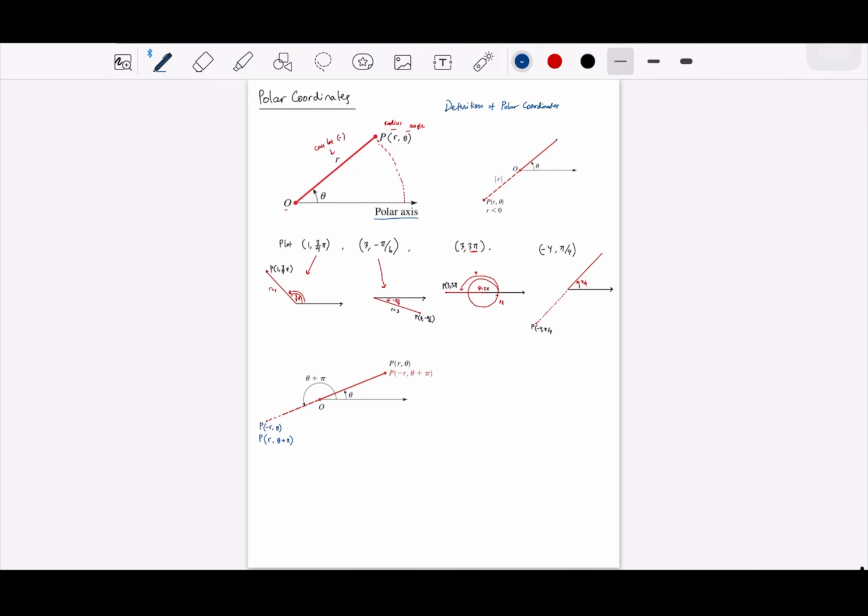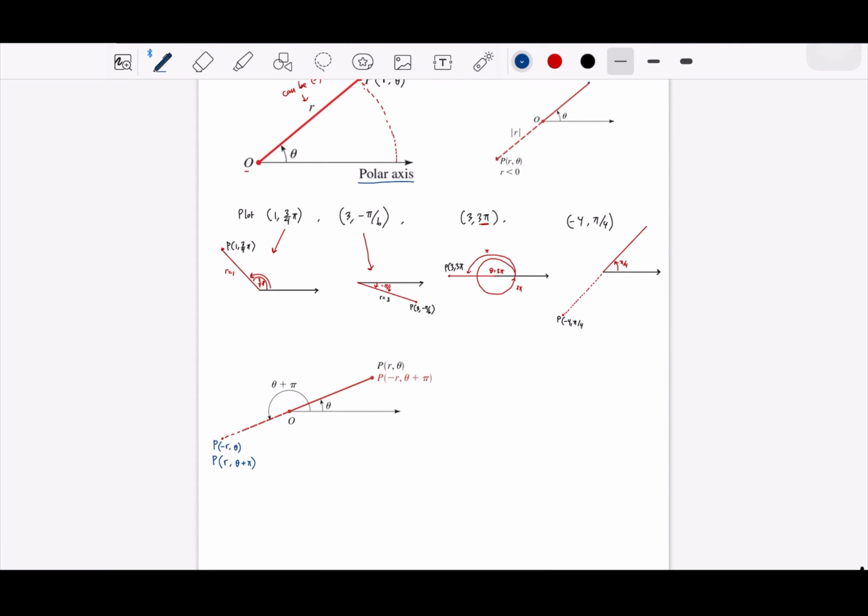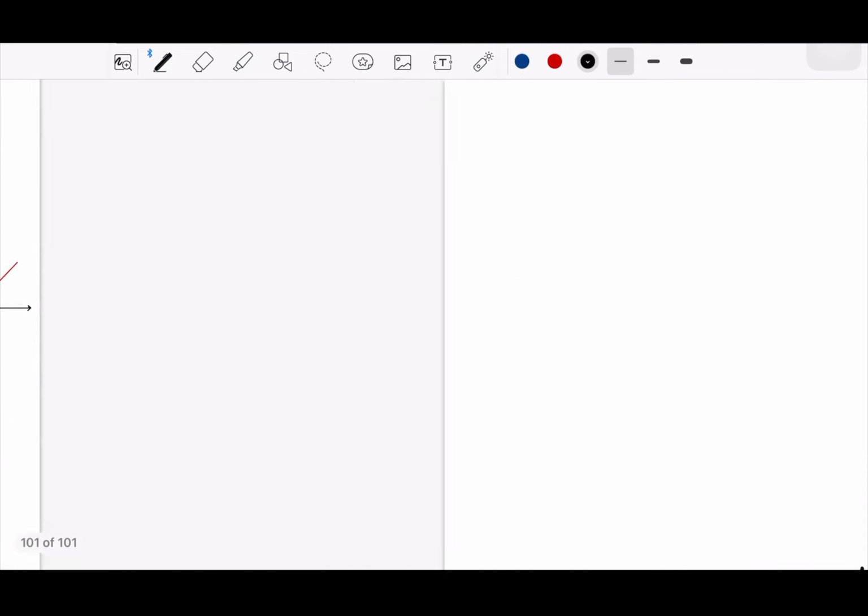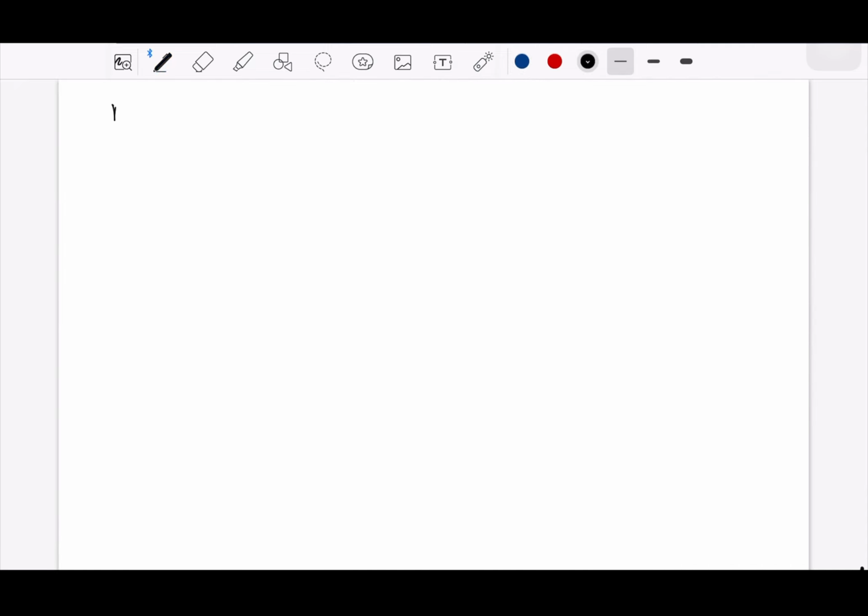Now we are going to go to more details on the polar coordinates, especially how to convert the rectangular coordinates to polar coordinates. So we are going to start with the relations between polar and rectangular coordinates.